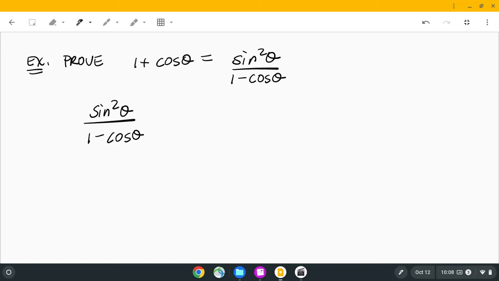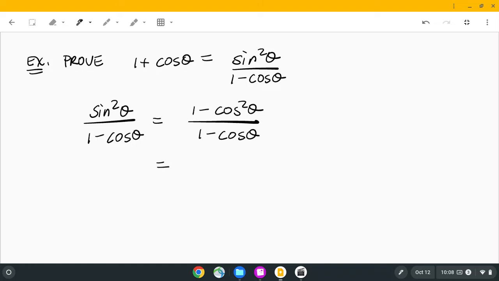I have squares. Usually when you see squares, you're going to be using Pythagorean. I know sine squared plus cosine squared equals 1. So sine squared, I'm going to rewrite as 1 minus cosine squared. That's from the Pythagorean.